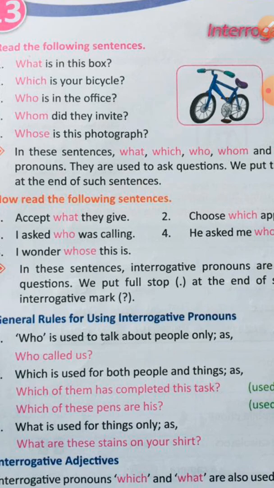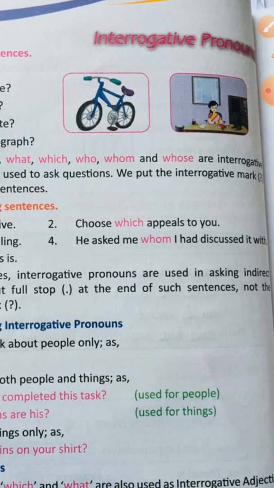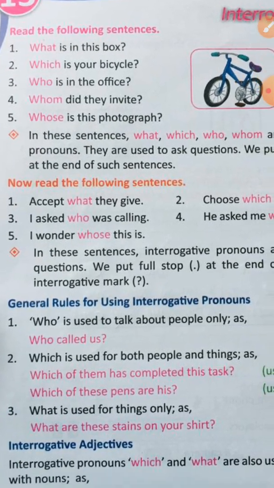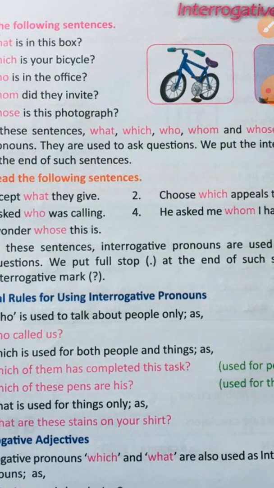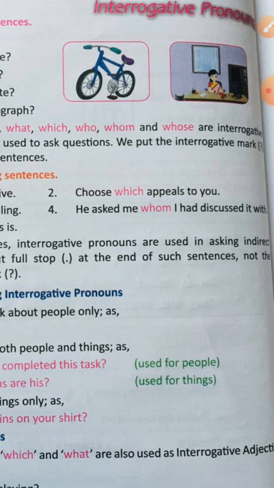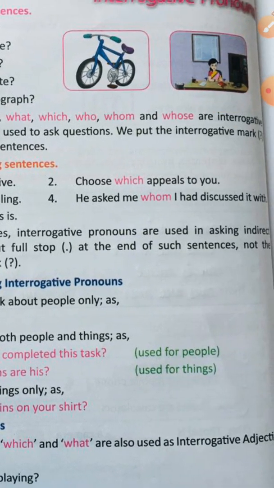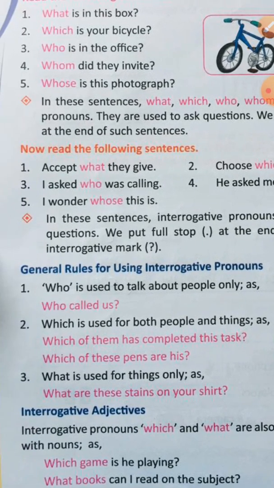For example, what is in this box, which is your bicycle, who is in the office, whom did they invite, and whose is this photograph. These words in these sentences are interrogative pronouns. They are used to ask questions.